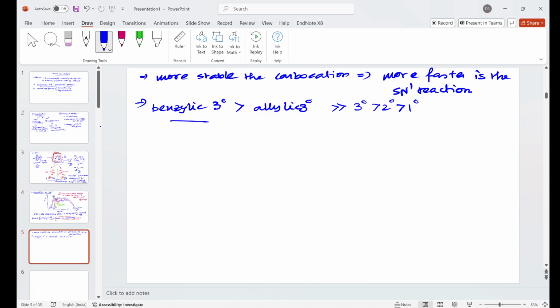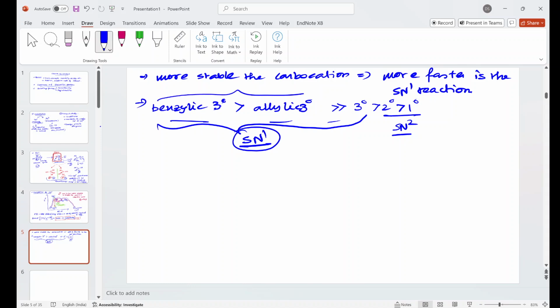These are the carbocations that tend to go through the SN1 mechanism, and this one tends to go through SN2, which will come later. But these are the types of carbon centers that will go through SN1, because these carbocations are much more stable.